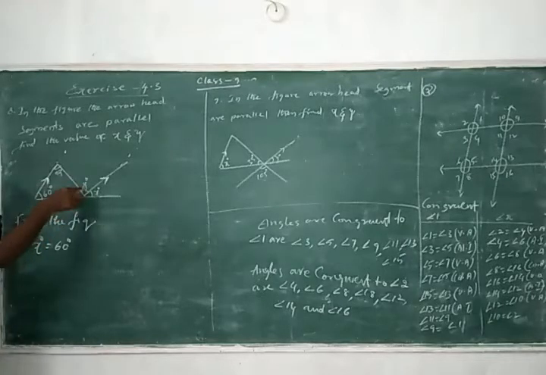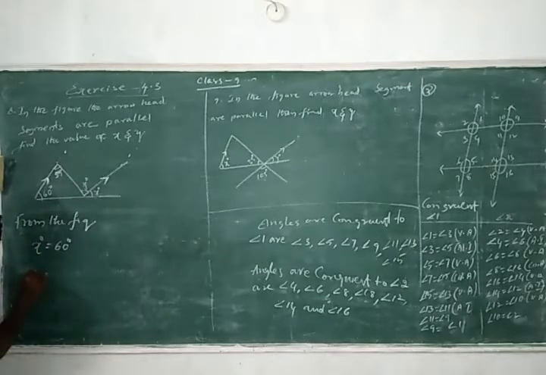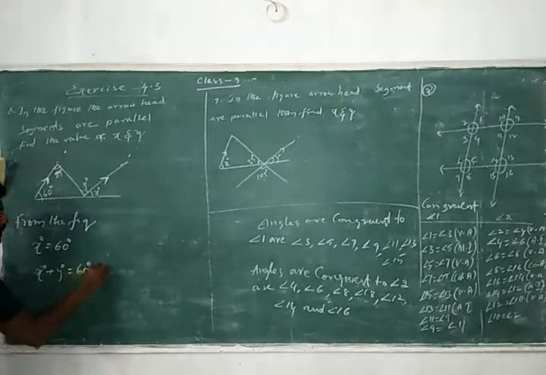Now x plus y is equal to 59. Why? Because an exterior angle is equal to the sum of its opposite interior angles. So I am writing here x degrees plus y degrees is equal to 60 plus 59.